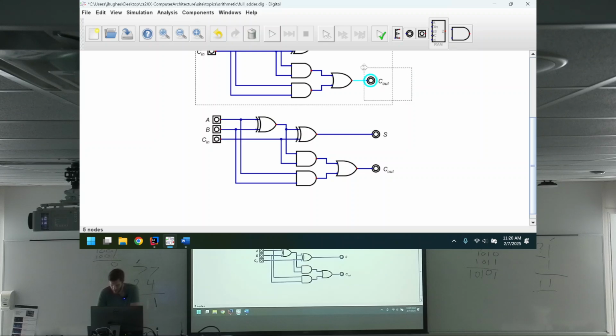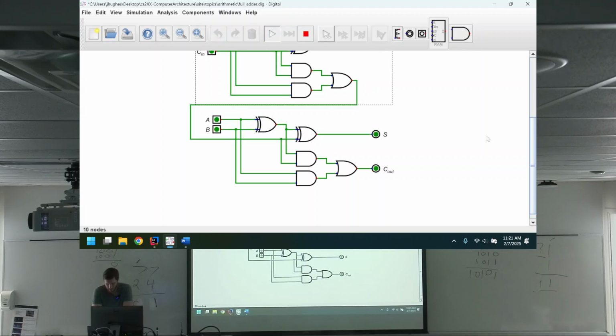Then, instead of having the carry out here, because I don't really care about that, what I want to do is connect it like so. Let's make this a little nicer.